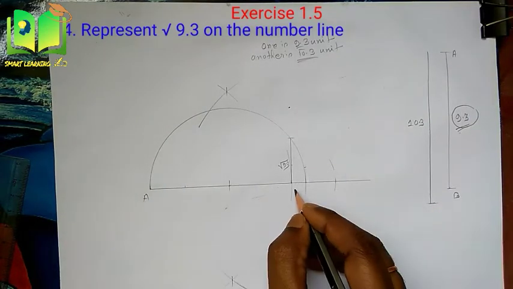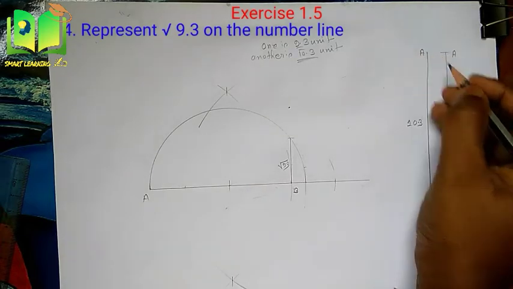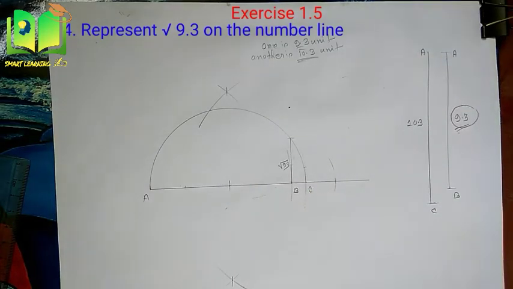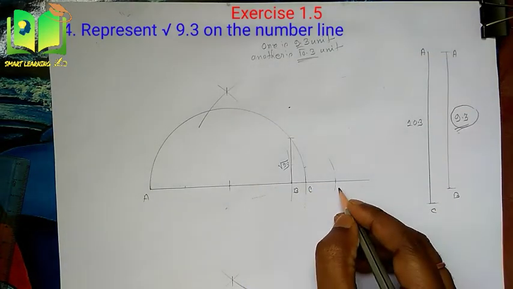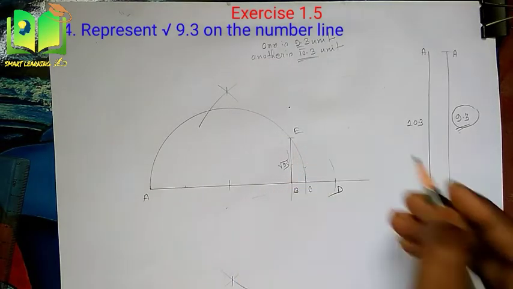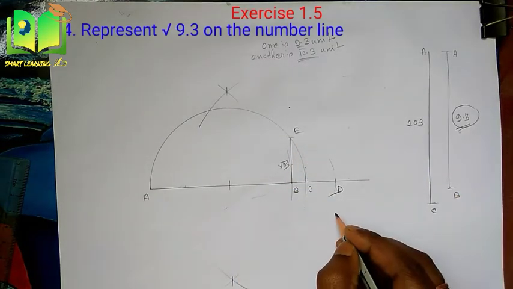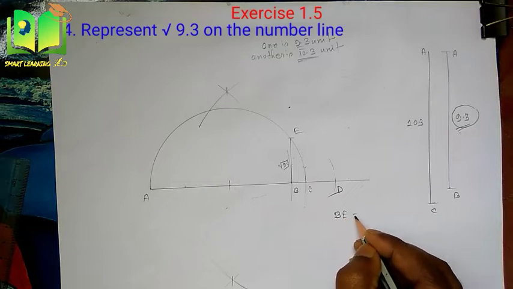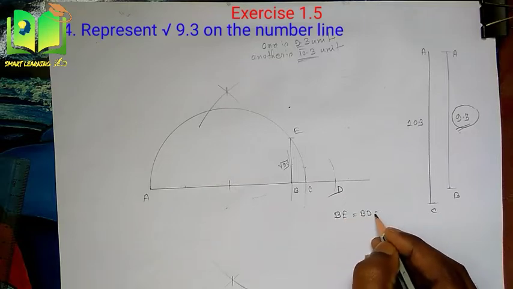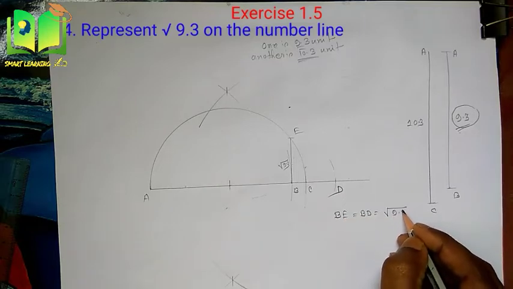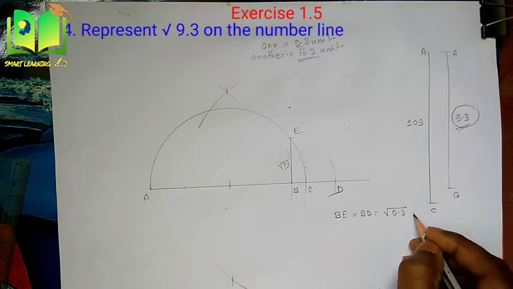So AB is here and it is AC. So definitely it is C, and it is D. Give here E. So write BE equals BD equals root over 9.3 unit.